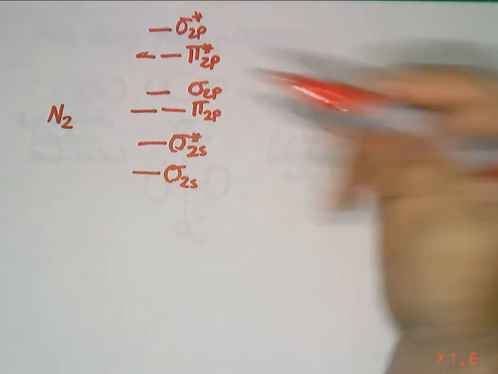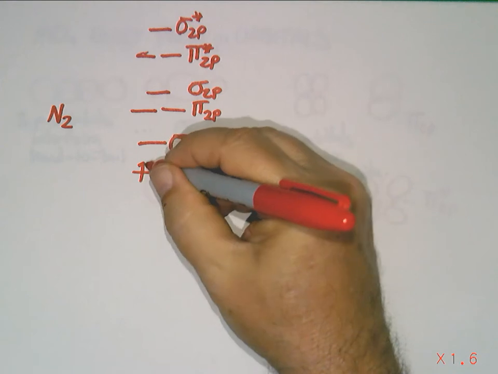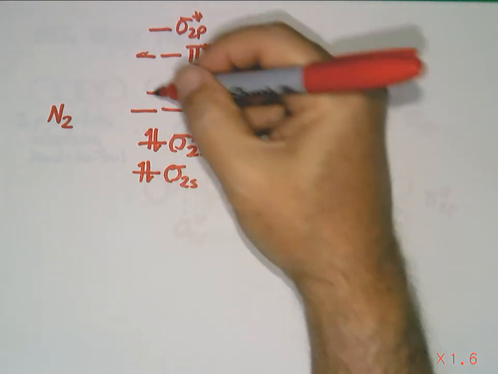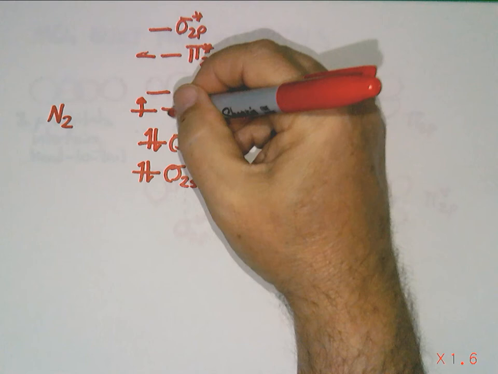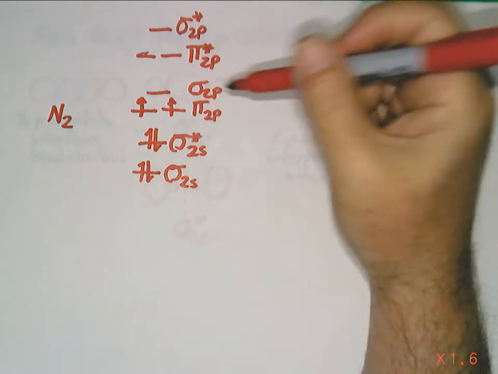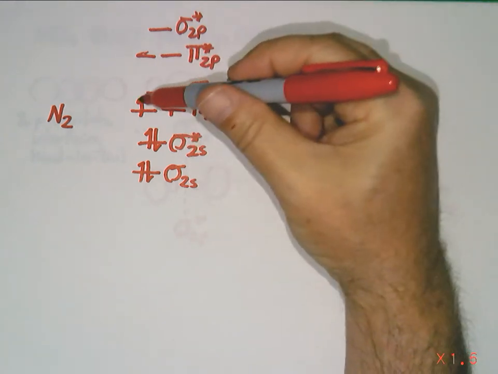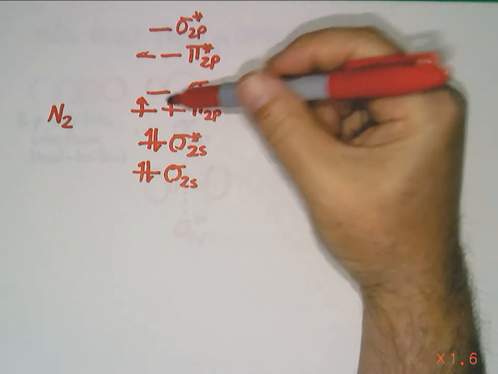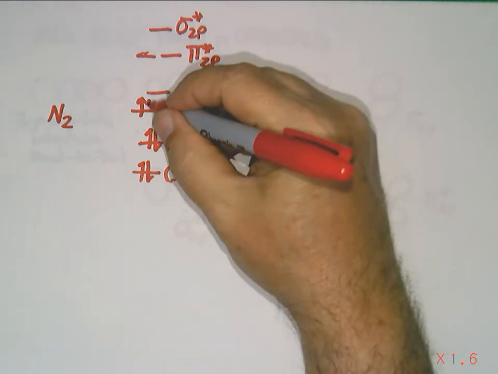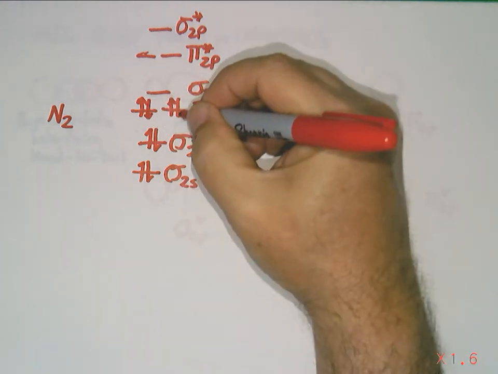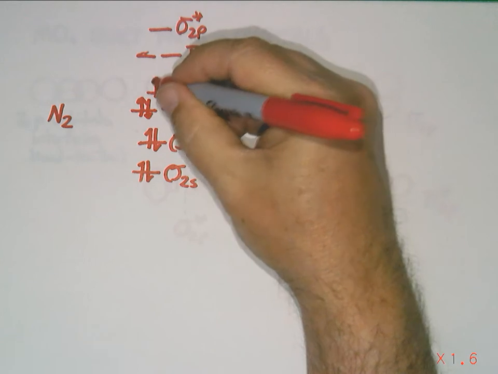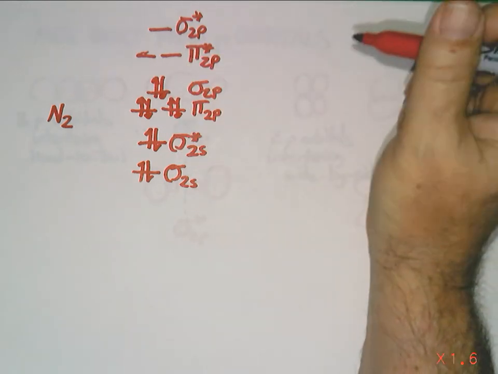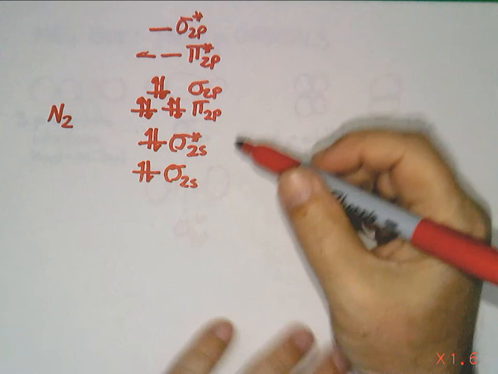So I'm going to fill in 10. 1, 2, 3, 4, 5, 6. Now notice I'm using Hund's rule. Remember Hund's rule said spread them out and line them up. So I'm going to spread them out first. 6, 7, 8, 9, 10.